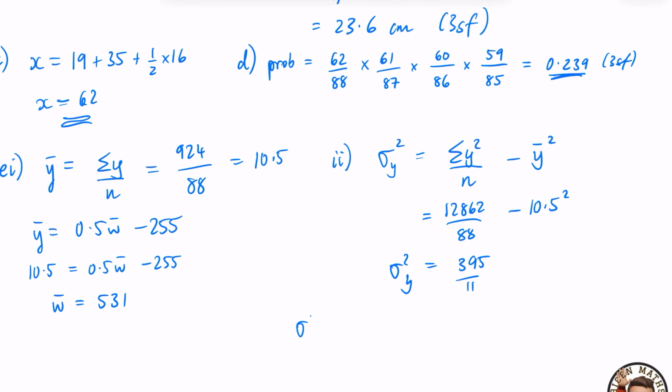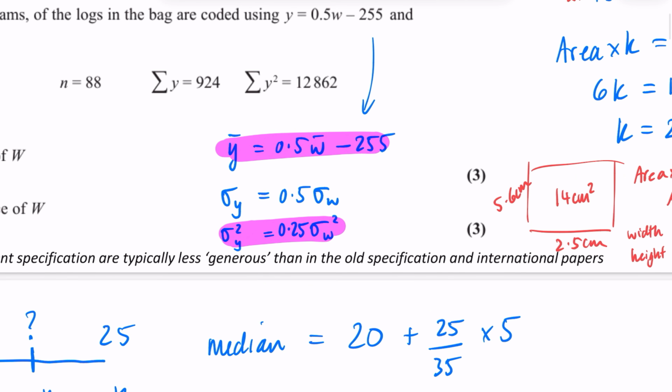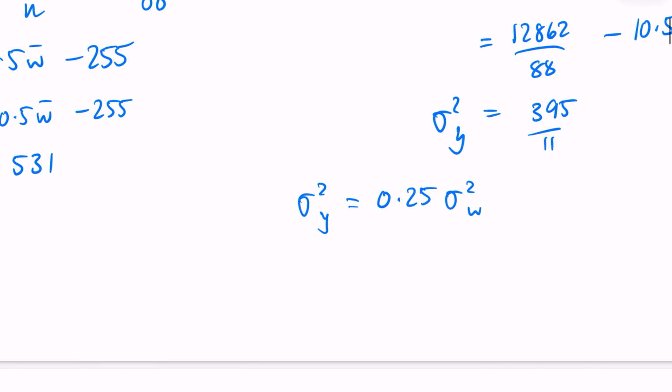And we said that the relationship is that the variance of y is 0.25 the variance of w, because the standard deviation is unaffected by this, and the variance is this equation all squared. Hence we go from a 0.5 to a 0.25, because 0.5 squared is 0.25. So all that's left to do is to substitute in, so it's the 395 over 11.